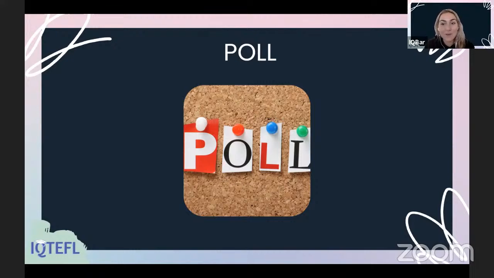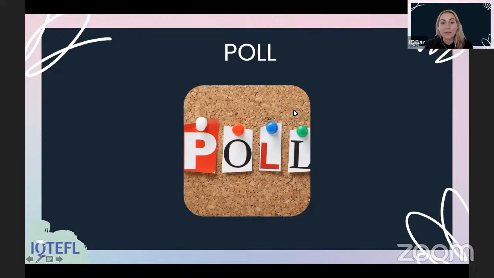So for this one, there's only one correct option. So please choose the one that you feel is correct. Great. So the passive voice would be used to show interest in the person or object that is experiencing the action.